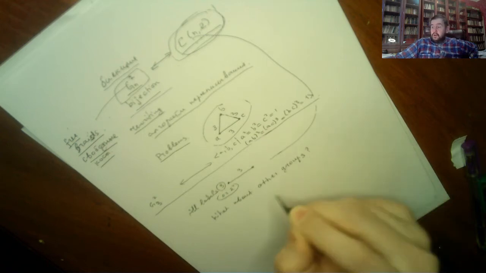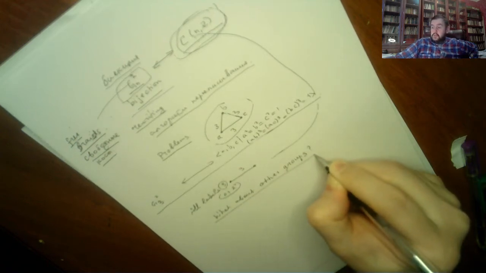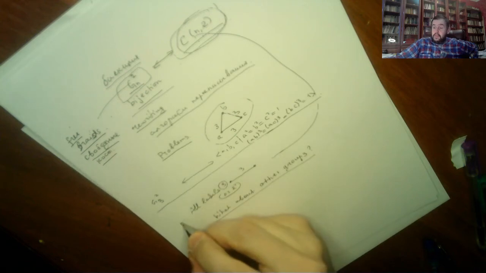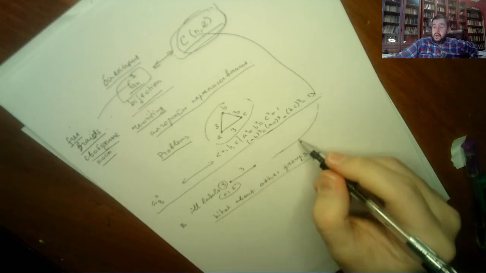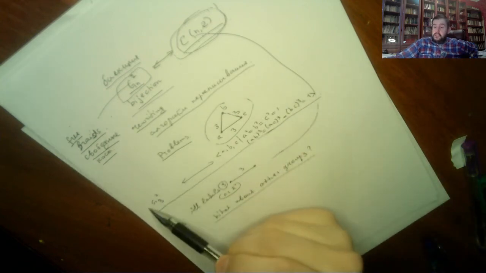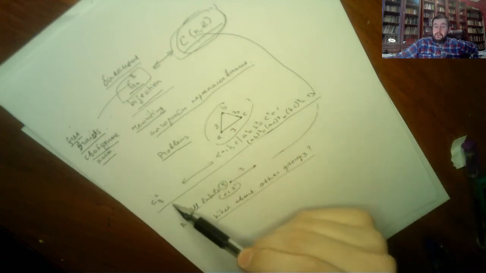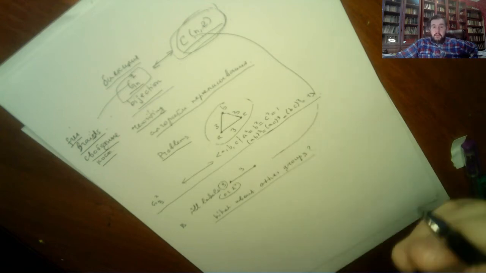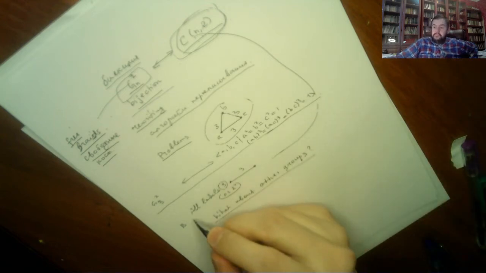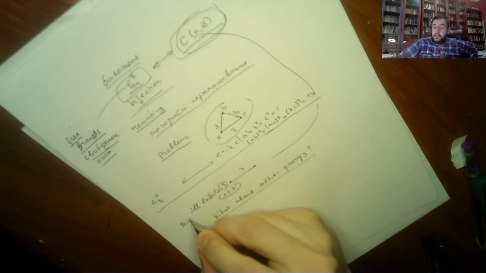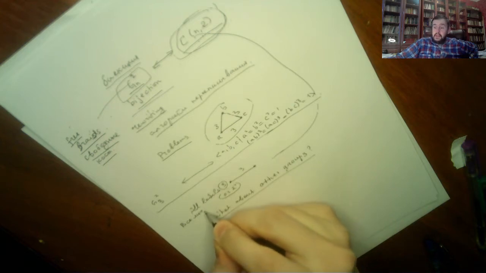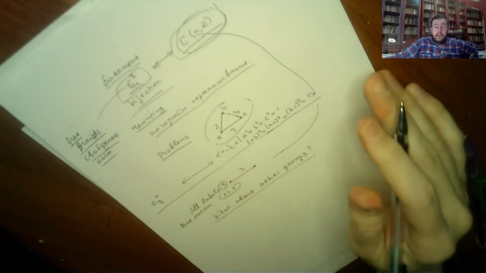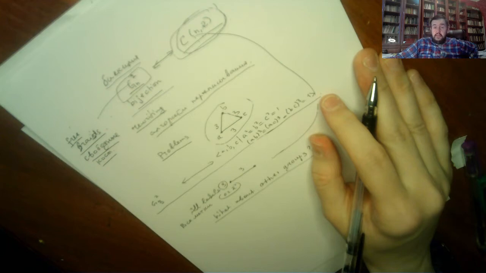So the problem which arises here is what about other groups? So Gn2 will correspond to some groups with all labels equal to 3 or maybe 2, and actually what about say other groups Gnk, k greater than 2.